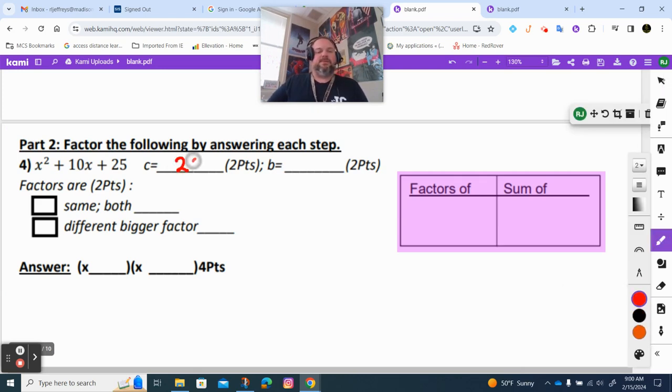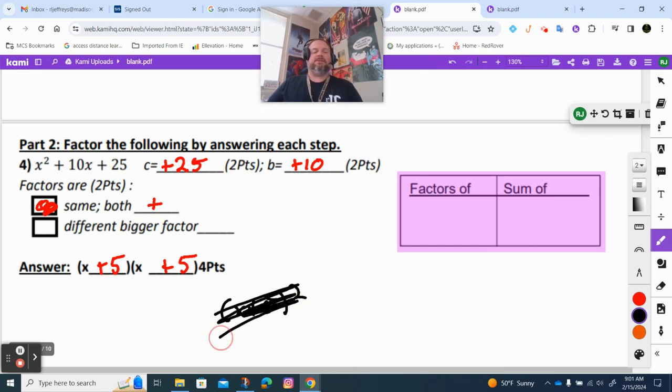So this is 25 and this is 10. All right. Remember, because this is positive, this tells us they're the same. Because this is positive, tells us they're both positive. All right. What two numbers, when we multiply them, we get 25, but when we add them, we get 10? 5. Now, in other places, you'll also see this written as this, but that is not on the test, so don't worry about it.